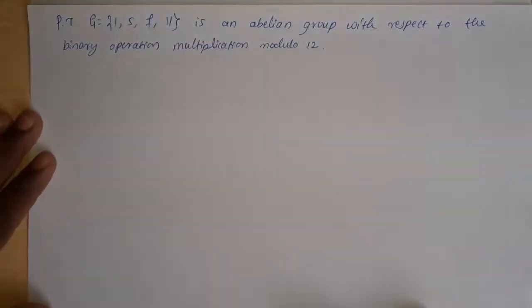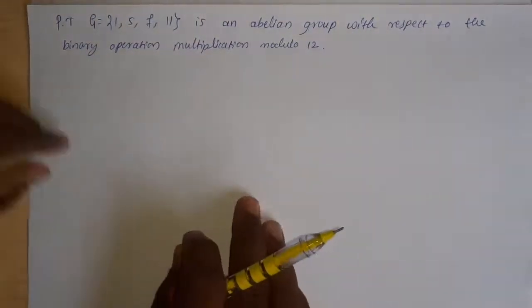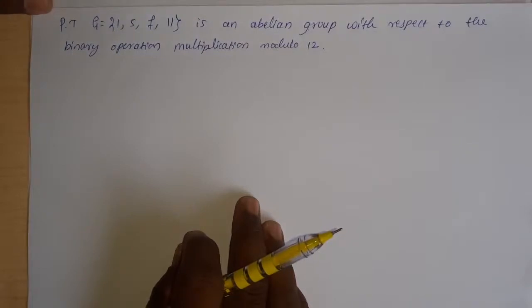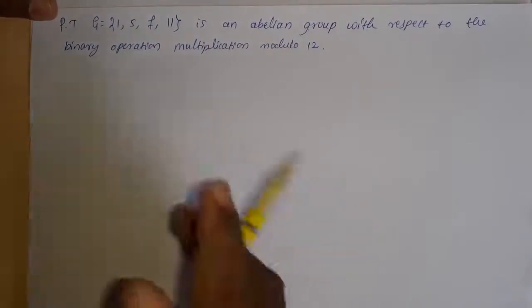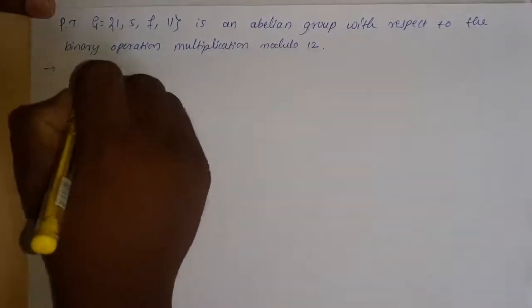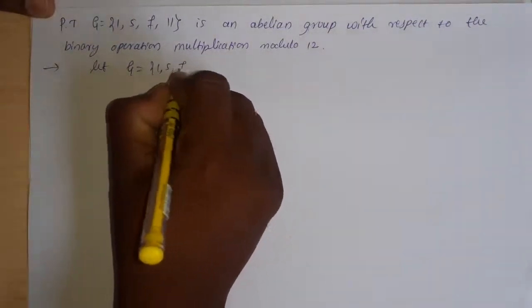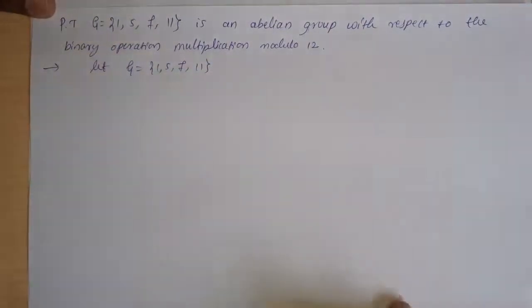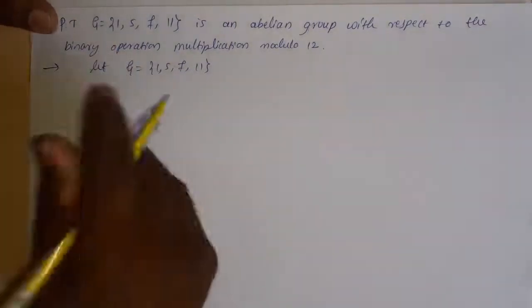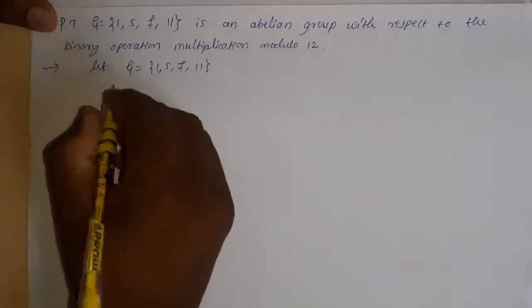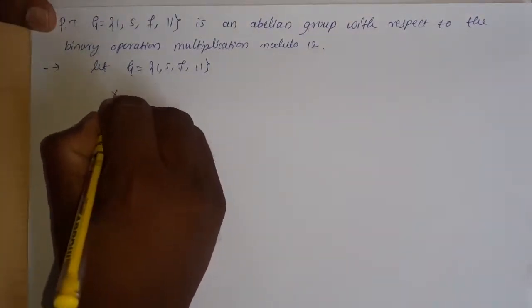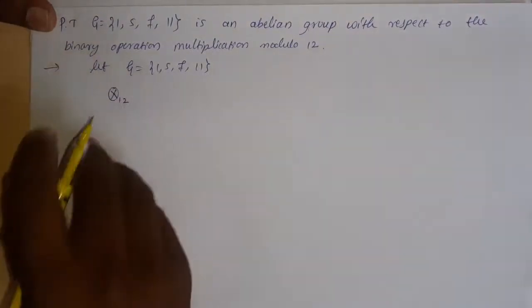So, now let us construct the multiplication modulo 12 table. Here G is equal to {1, 5, 7, 11}. It is the given set G, and the binary operation is multiplication modulo 12.